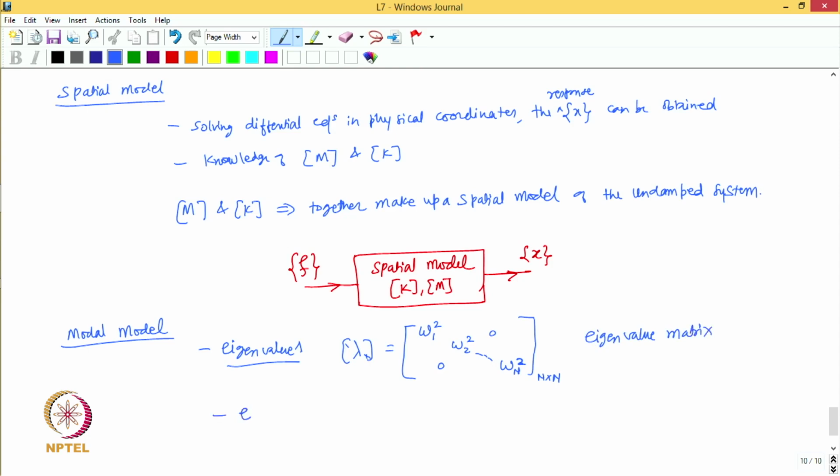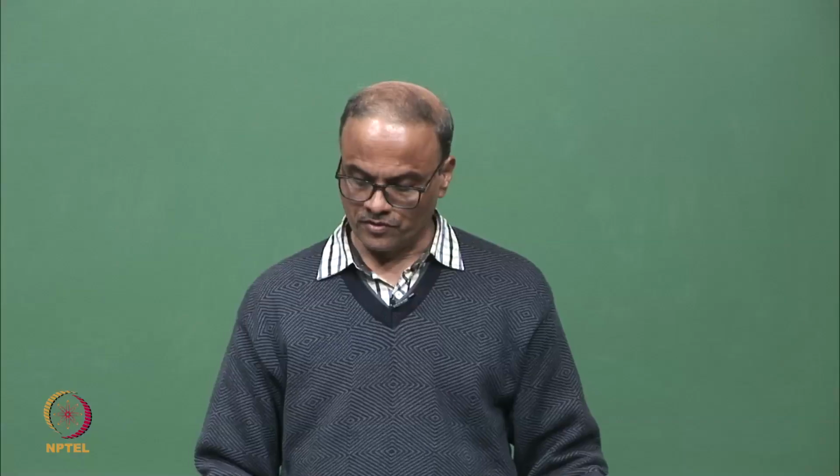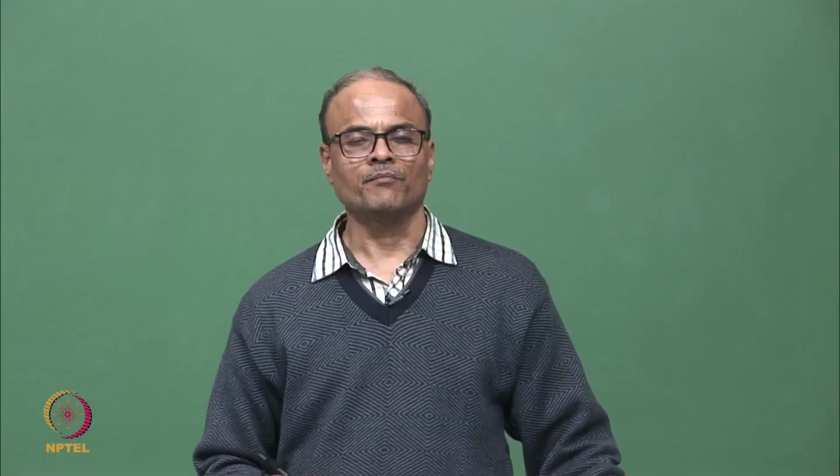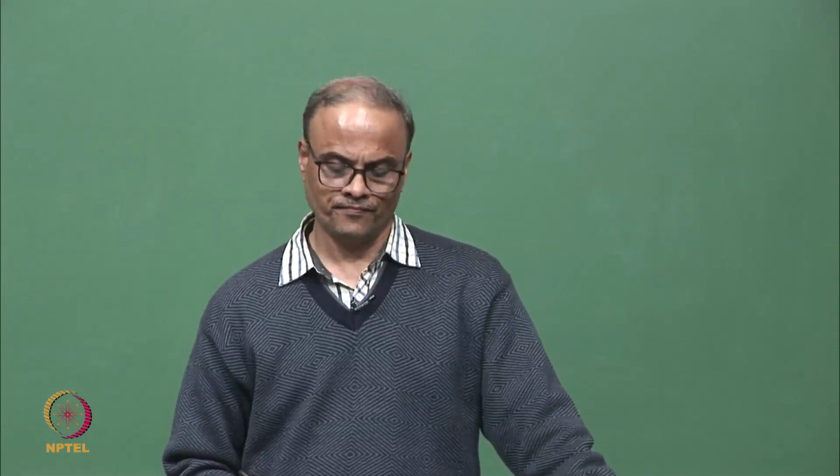Similarly, we have the eigenvectors, which is in the form of the mass normalized eigenvectors. So, here each column of this matrix is a mass normalized eigenvector of the system. And this is nothing but the eigenvector matrix. So, if these two matrices are available, then also we can analyze the system for its response, right, and therefore, these two together make up what is called as modal model of the system. Okay.